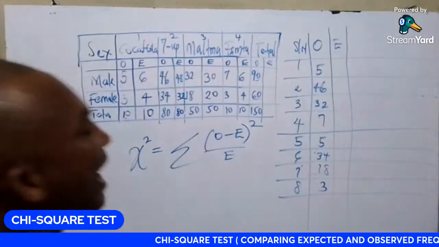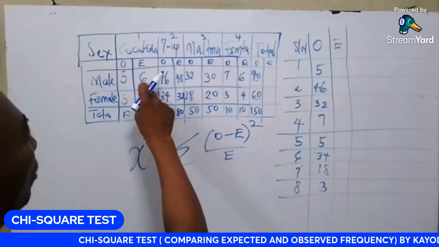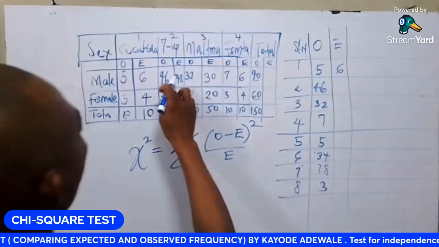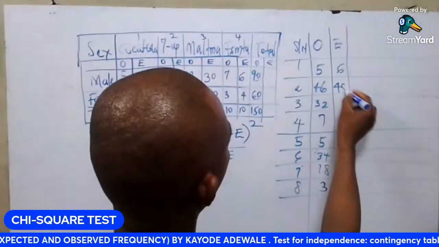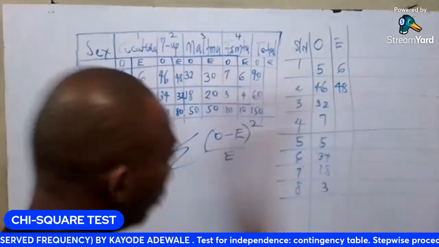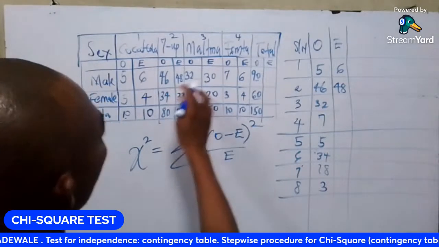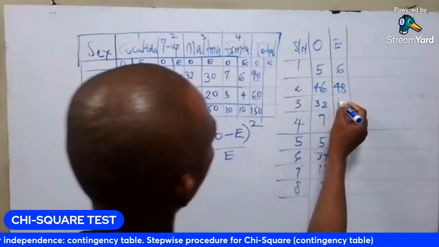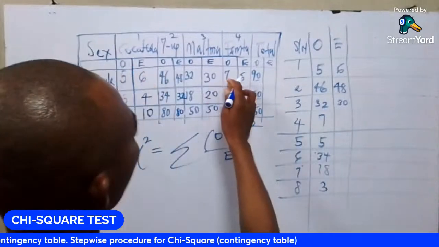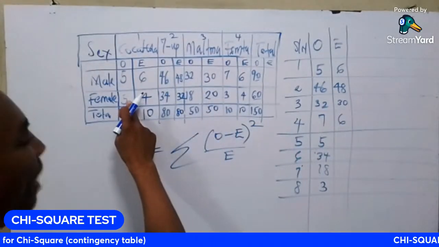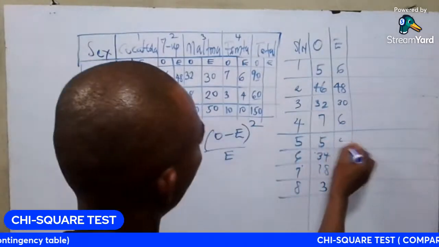So when I get my expected frequency, what did I get? Where I got 5, the expected value is 6. Where I got 46, the expected value is 48. I'm just bringing what I have on this table into this place. So there's nothing difficult there. Moving on now, for 32, the expected value is 30. When I got 7, the expected value is 6. When the observed value is 5, the expected value is just 4.